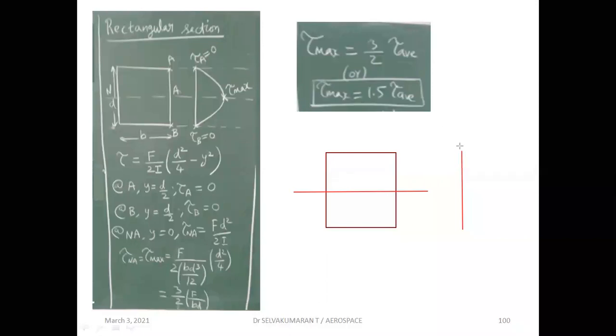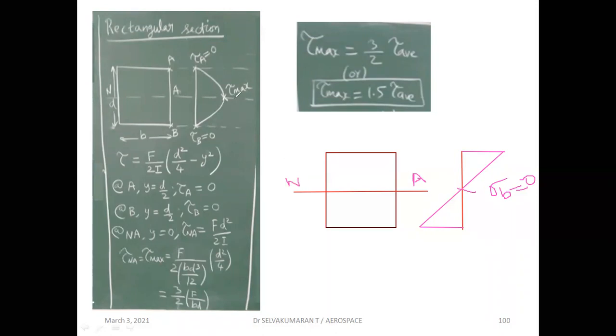Bending stress distribution is always linear. So like this it went, then from here it should come like this, and it should go like this. So here the bending stress would be zero, because I already told you the bending stress at the neutral axis is zero. This is our neutral axis.